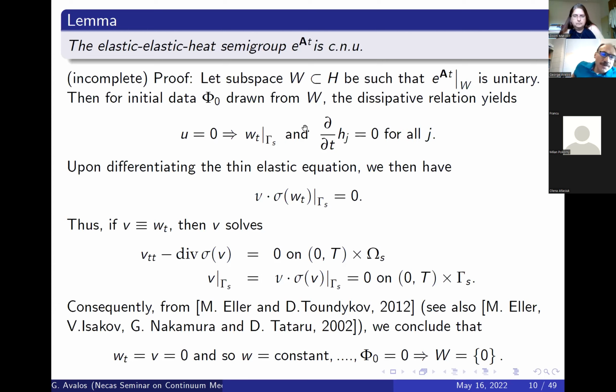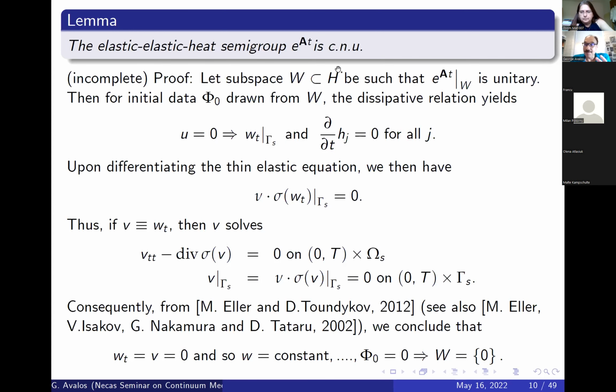So one has the system of elasticity, overdetermined systems of elasticity on Lipschitz, and ultimately, after doing some gymnastics and integrations by parts, one has that necessarily this subspace is trivial. So the multi-layered structure heat semigroup is completely non-unitary, and so we're free to use Yuri Tomilov's strong resolvent approach to strong stability.